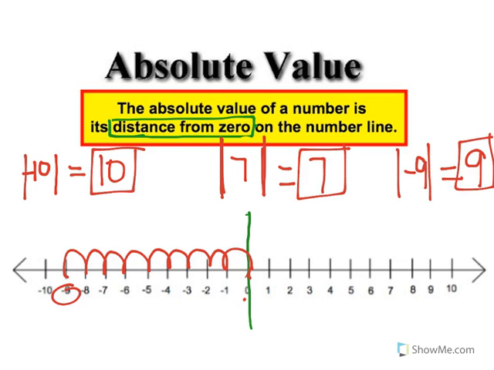I hope you understand this. As I told you earlier, this was going to be a very fast and easy lesson. Absolute value is the distance from 0 on a number line. All I want to know is how far is one number from 0. And the answer will always be what? Positive.